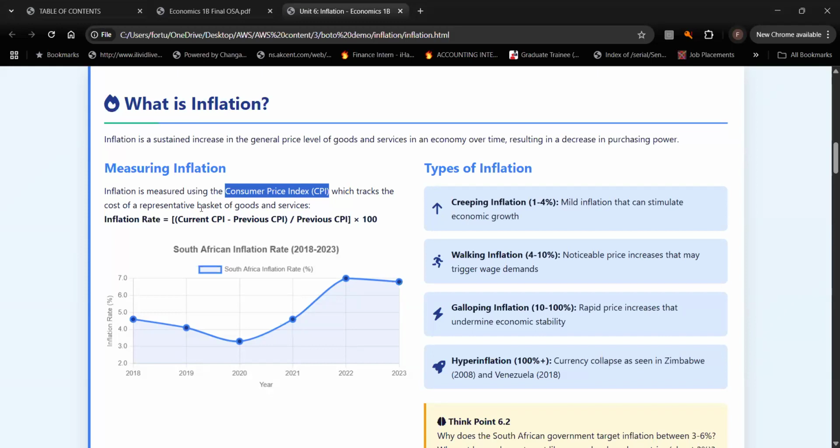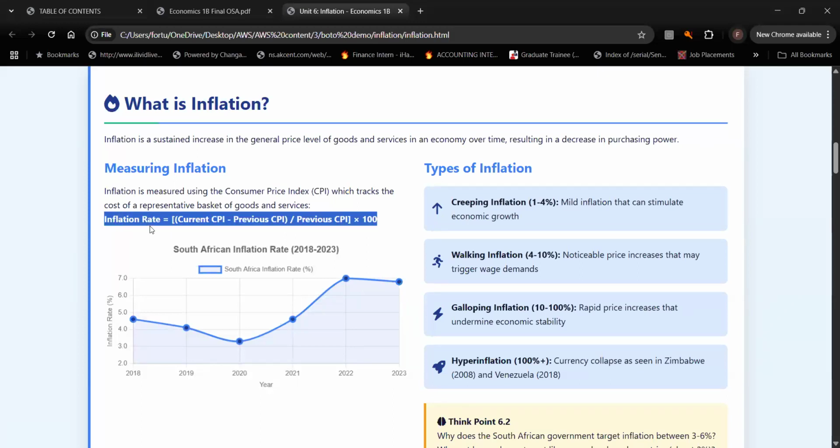And when the CPI is calculated, it is then used to calculate what we refer to as the inflation rate. The inflation rate is given as the current year's CPI minus the previous year's CPI, divided by the previous year's CPI, times 100. So this is where macroeconomics starts, where we calculate the inflation rate.